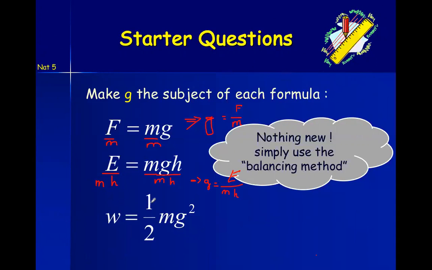This time I've got a divide by 2 to start with. So I'm going to multiply by 2 both sides. That means I've got mg square equal 2w. Okay. Then I'm going to divide by m to get rid of that m.